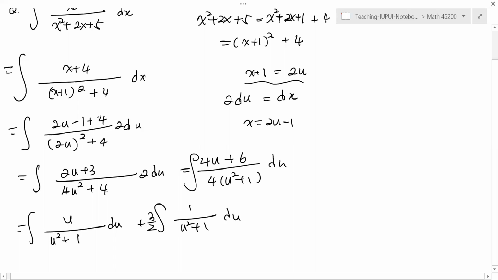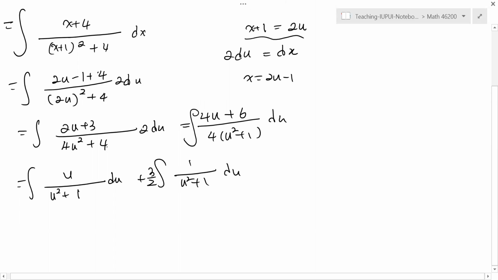Okay, and you know how to evaluate each of the integrals, right? So the first one is just natural log of u squared plus 1, but you have to divide by 2. Now you can use a substitution to get that. The second one is just arctangent u.